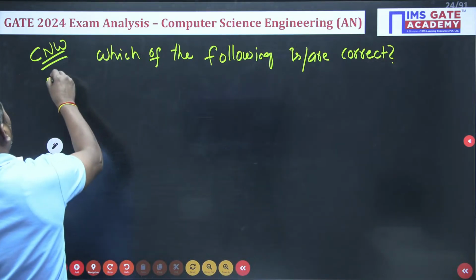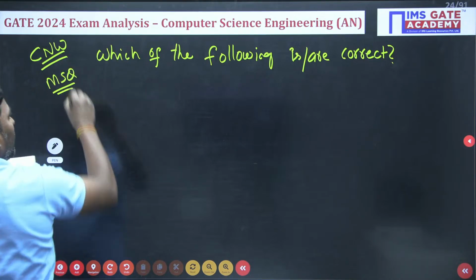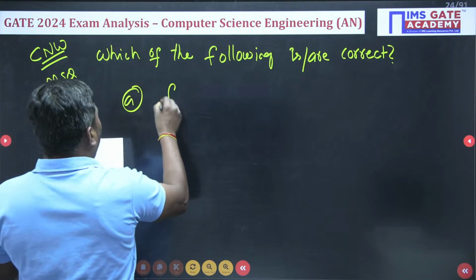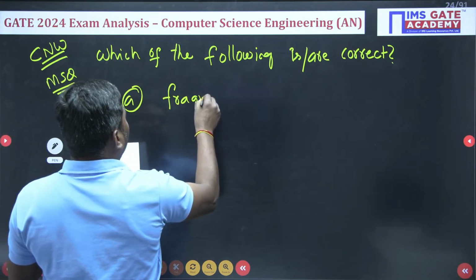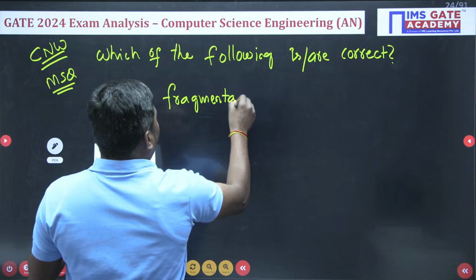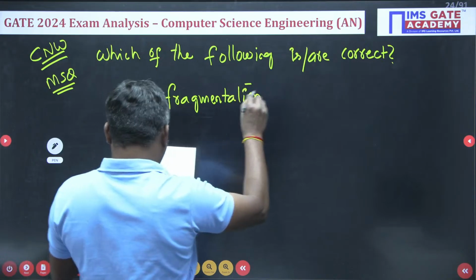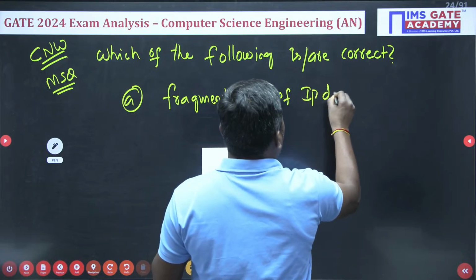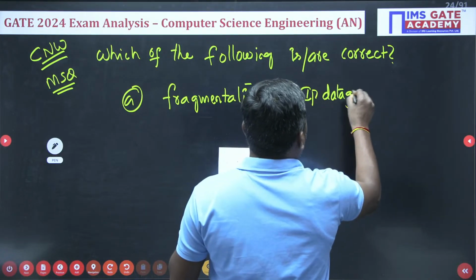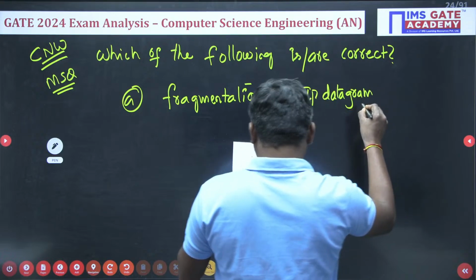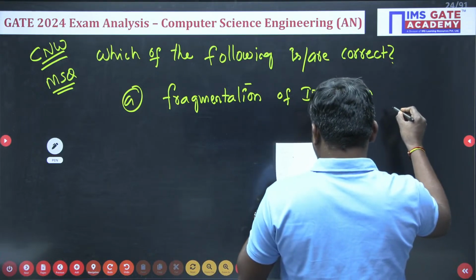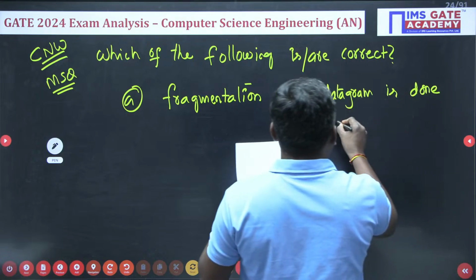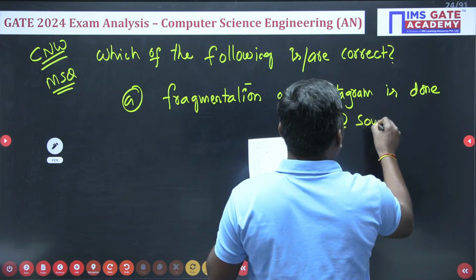It is also an MSQ question. Option A given: fragmentation of the IP datagram is done at source only.